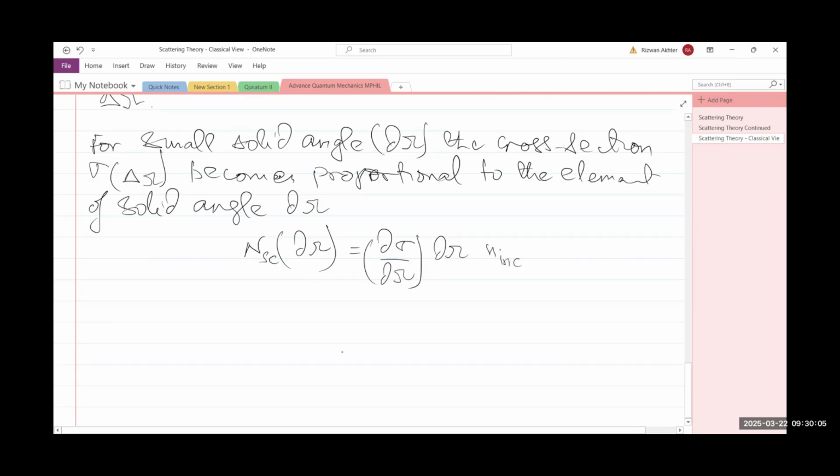Yeah. So the differential scattering cross section. इसको कैसे, अगर इसको हम पढ़ना चाहें तो कैसे पढ़ेंगे?